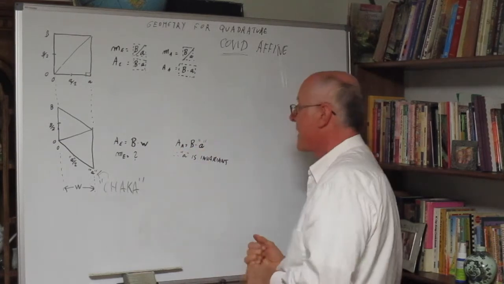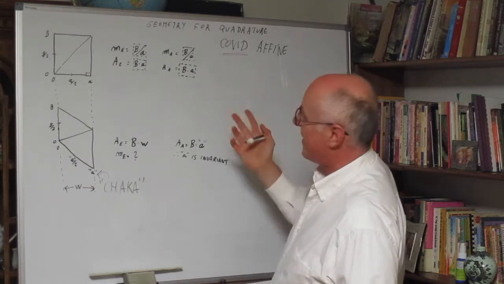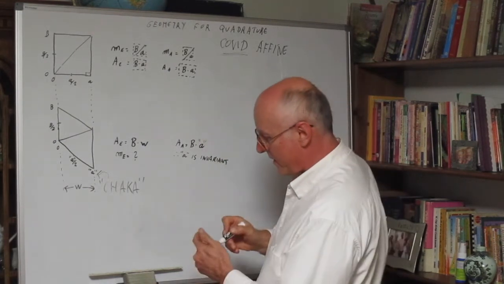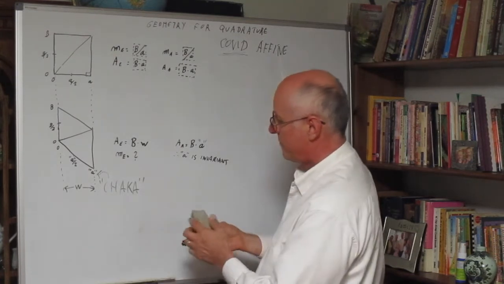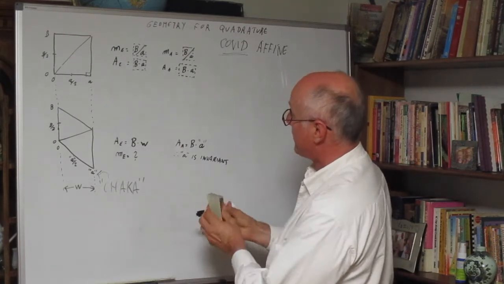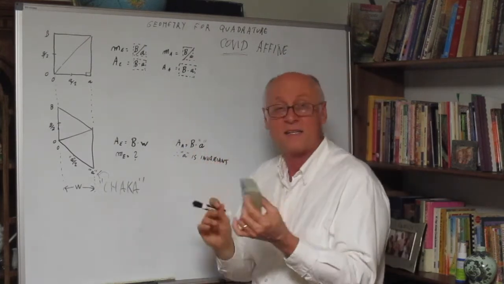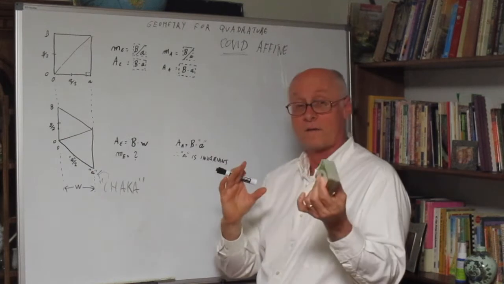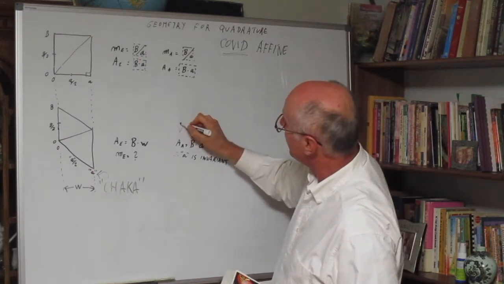So, let's think about it. We know that under Cavalieri shift, Cavalieri's principle tells us that the area remains the same, invariant under a Cavalieri shift, right? So this one's invariant, A, right?